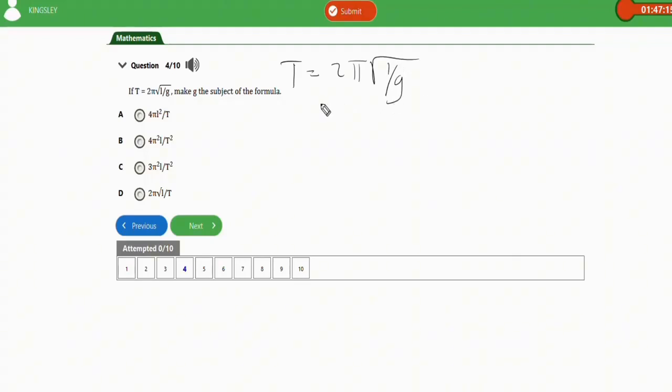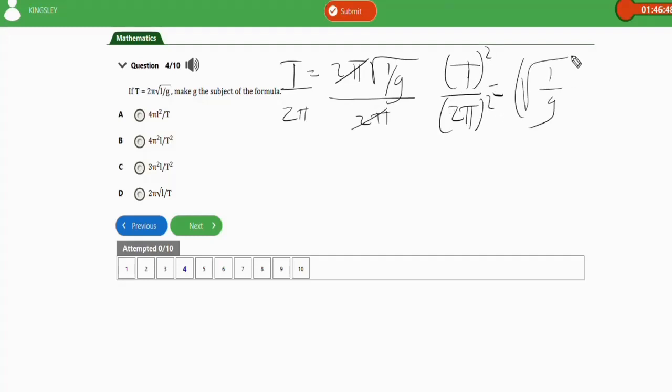So we want to make g the subject of the formula. So firstly, divide both sides by 2 pi. So this will cancel this, so you're left with t over 2 pi equals square root of 1 over g. To remove this square root, you're going to square everything you have here.